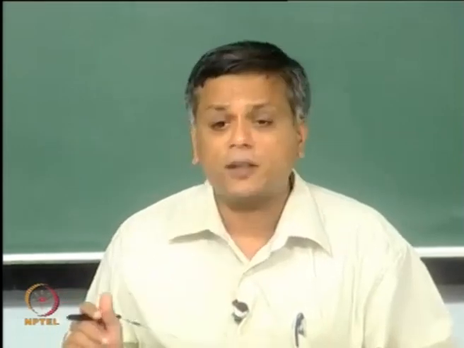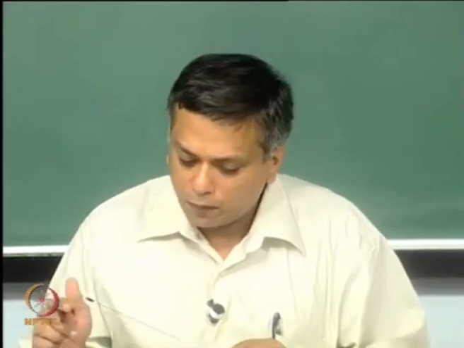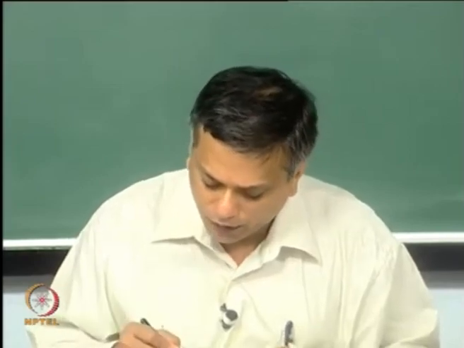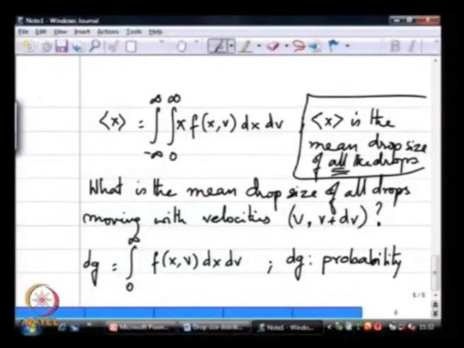So, dg is basically a probability of finding a drop of any size. Let us do one thing, we will even erase this x. So, just to get our argument straight with the probability part, and then we will look at the mean part.